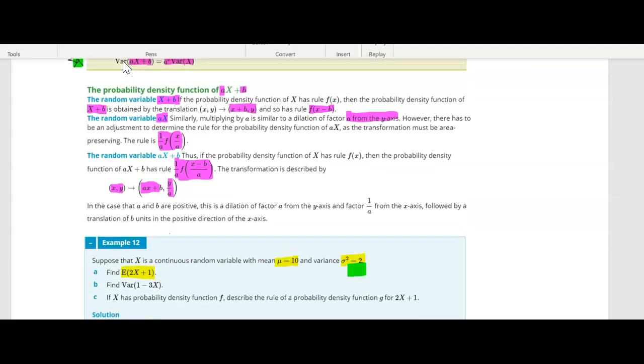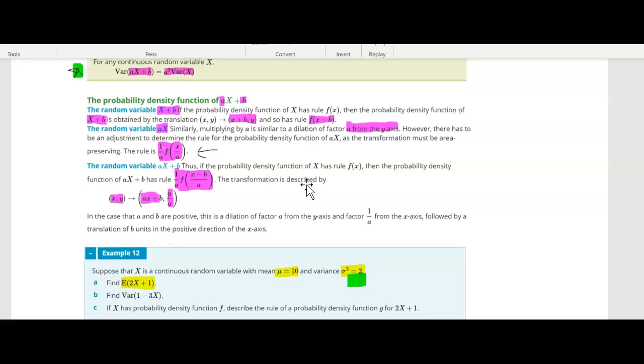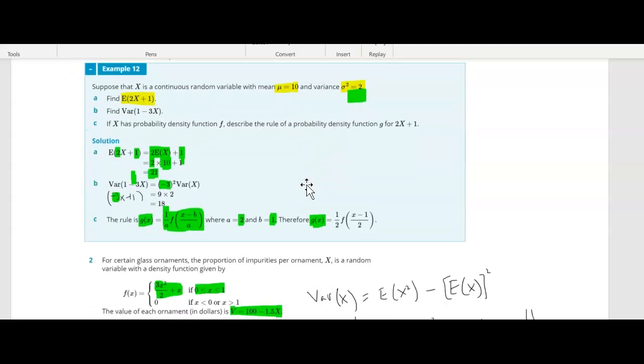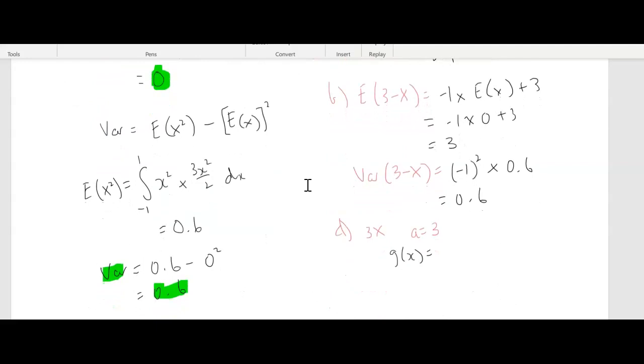Okay, so I'm just looking at this one here. All right, so 1 over a times f of x over a. I'm not going to remember that. 1 over 3 times f of x over 3.